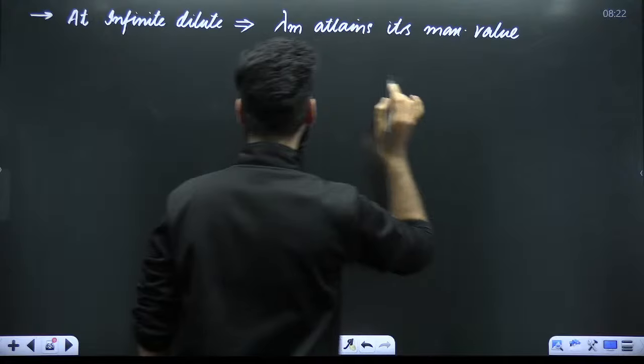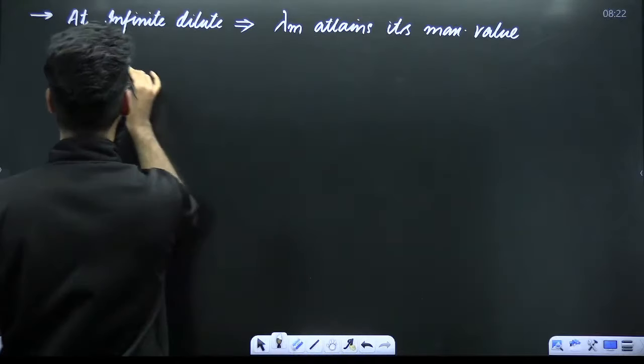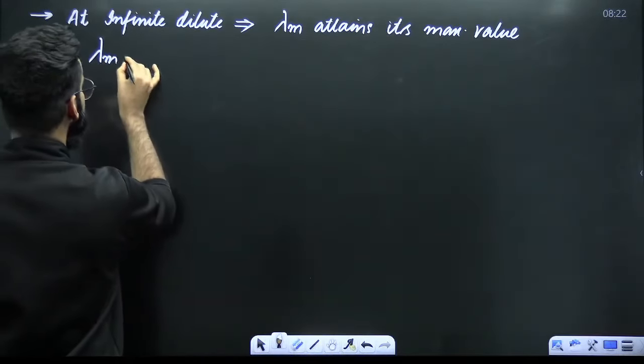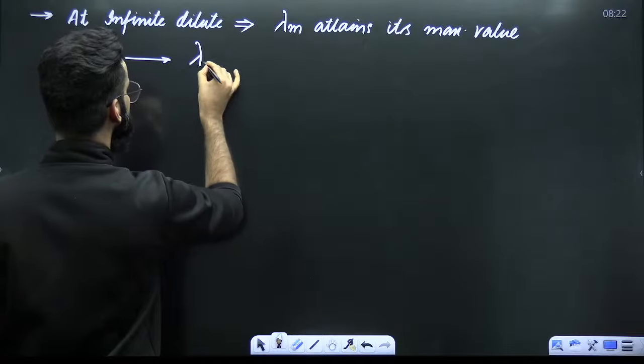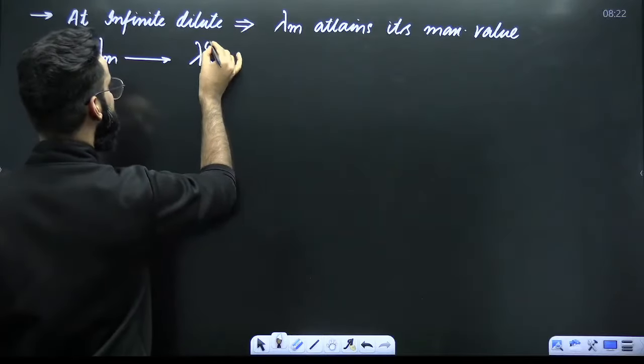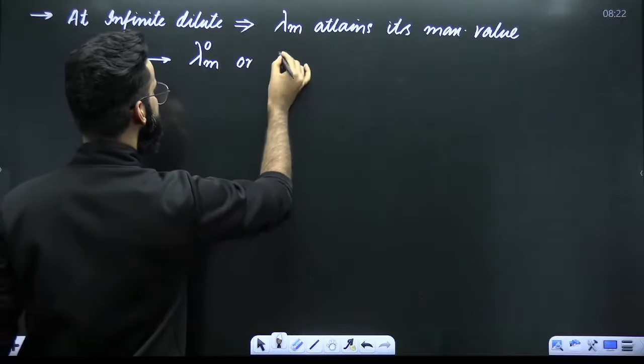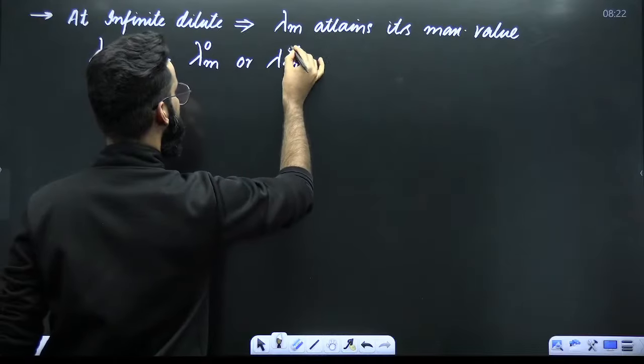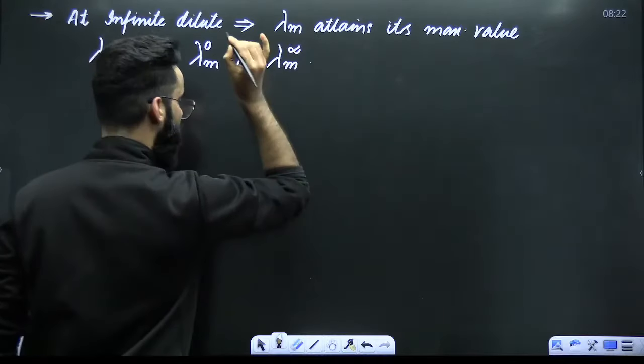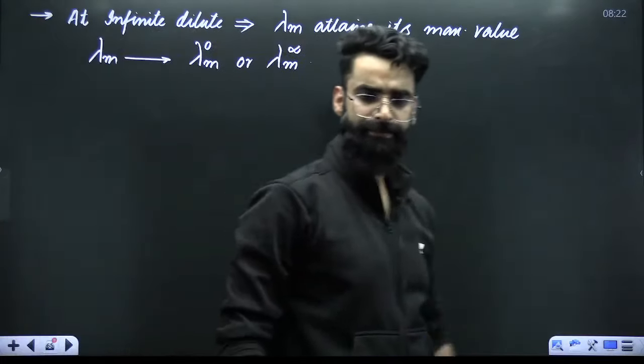And the maximum value of molar conductivity is what you call molar conductivity at infinite dilution, or it is represented like this: lambda m infinite. Perfect. Is this clear?